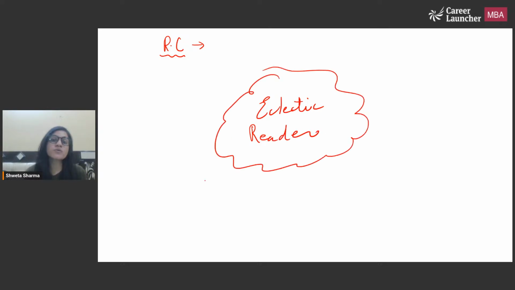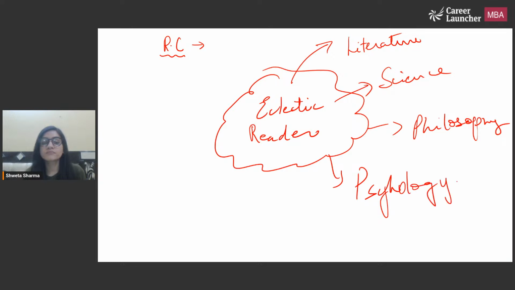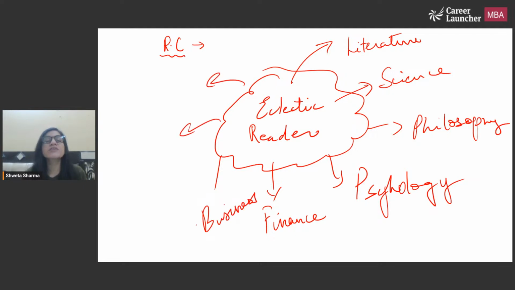When it comes to eclectic reader, what it means is, if it's a passage coming from classical literature, or if it is a passage coming from science, or is it a philosophy, which has been given to you, whether it's a psychology passage, whether it's a passage from finance, or is it a business passage hitting your exam, whichever section it comes from, we should be able to comprehend.